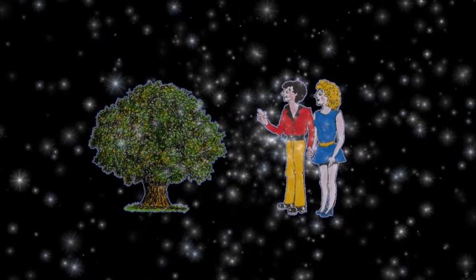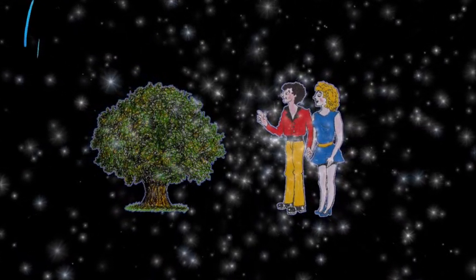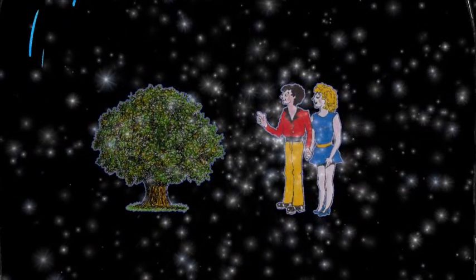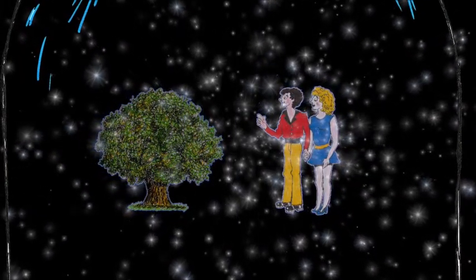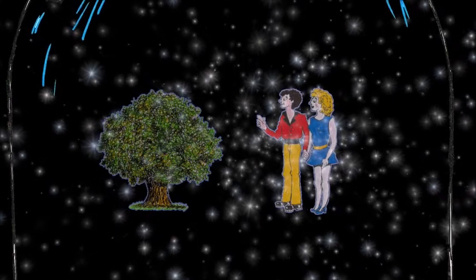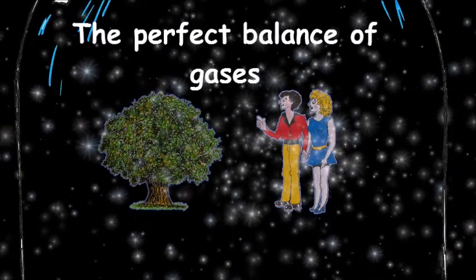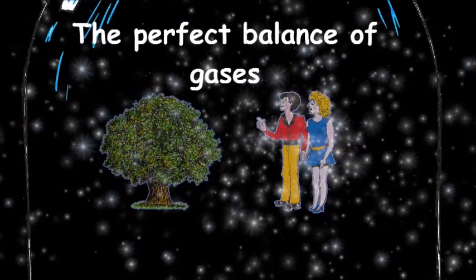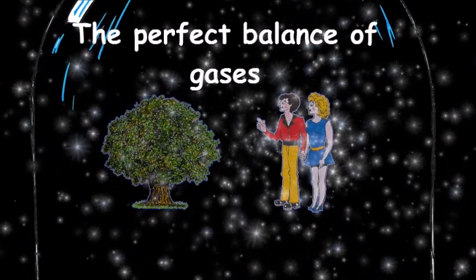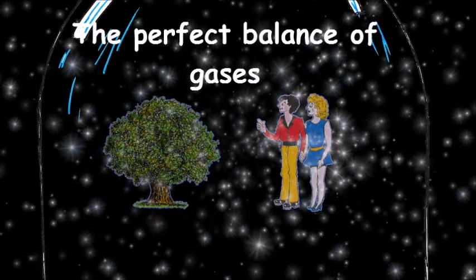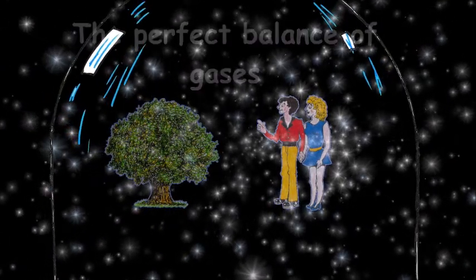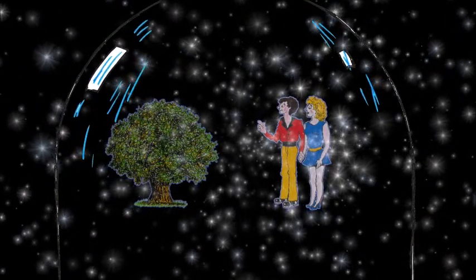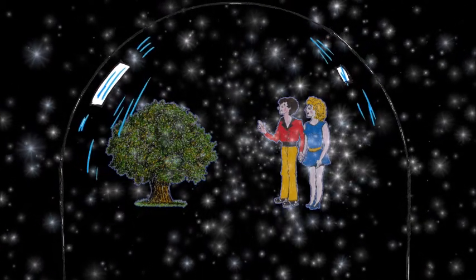If you put a tree and two human beings under a glass dome, so that it was sealed from the Earth's atmosphere, in effect, they would keep each other alive. Obviously, the people would have to eat and everything, but in theory, the two people and the oak tree would be able to survive forever almost in this glass dome.